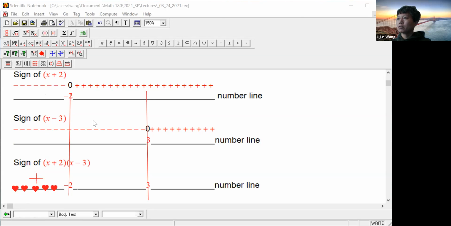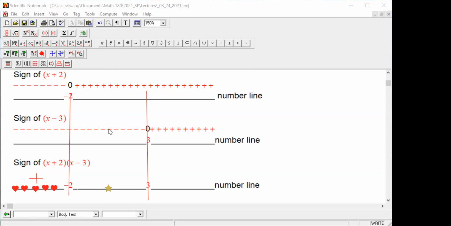Got it. Okay. So now I'm going to pick a number from here. Never mind what it is. You can think of 0, you can think of 1, you can think of -1, or negative 1.9, any number you pick, you are going to be doing a positive multiplied by a negative, yes?